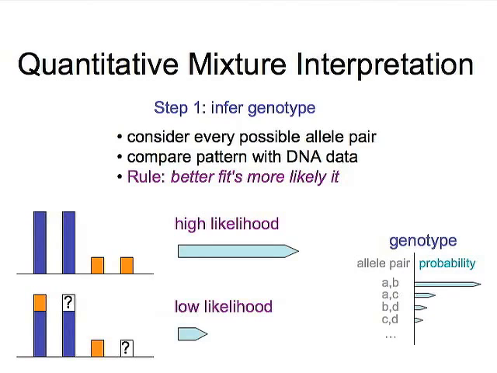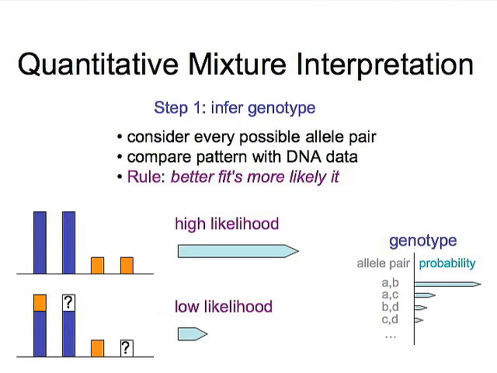As we said before, DNA interpretation proceeds in two steps. You start with the data without looking at the suspect, any suspect, and you infer a genotype. If there's uncertainty, there's probability. If there isn't uncertainty, maybe you'll get 100% on one particular allele pair. Afterwards, we'll make a comparison to somebody and get a match statistic, a likelihood ratio. How do we infer a genotype?